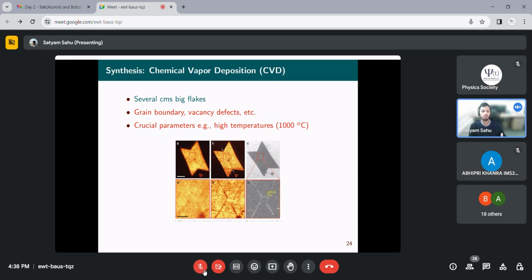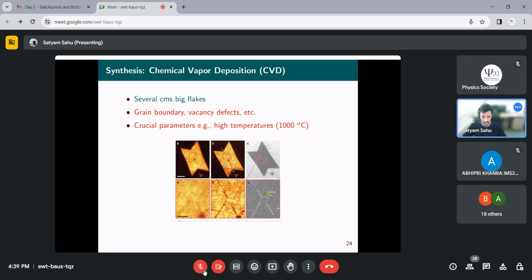You can have centimeter-big flakes at least. But on the other hand, as I said, it has many crucial parameters. You need very high temperatures, you need the machinery and other stuff. And on top of that, the samples prepared using these techniques have different kinds of defects. Here you see the AFM image, or atomic force microscopy image, of the samples prepared using chemical vapor deposition.